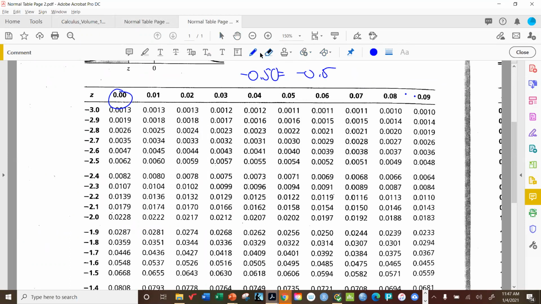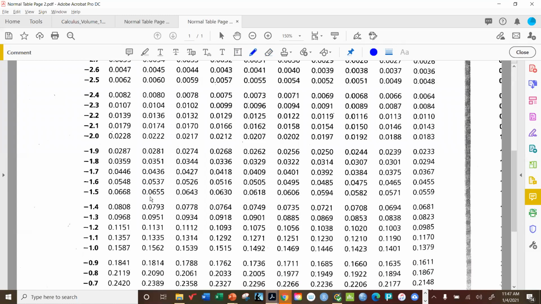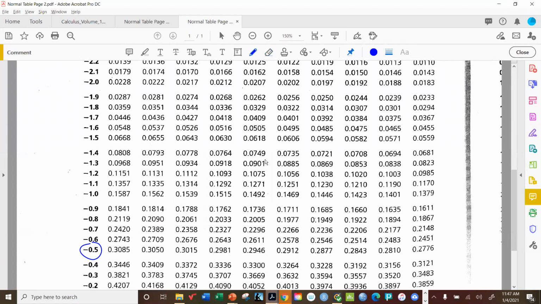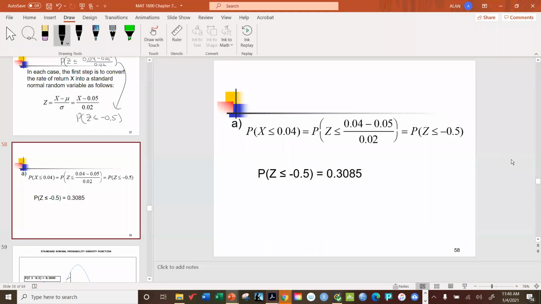All right, let me just do this again. Oh, that's very sloppy. Okay, so the intersection of those two, we get 0.3085. So let's go back here, and you can see that this probability, these are the same, 0.3085.